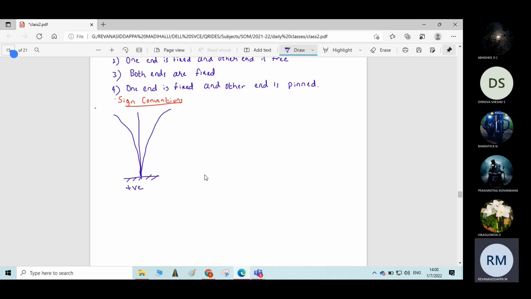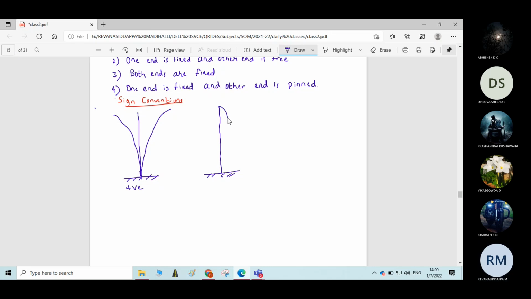In the other case, if the same column bends in a concave shape, then the sign convention to be used is negative. This is convexity, this is concavity.